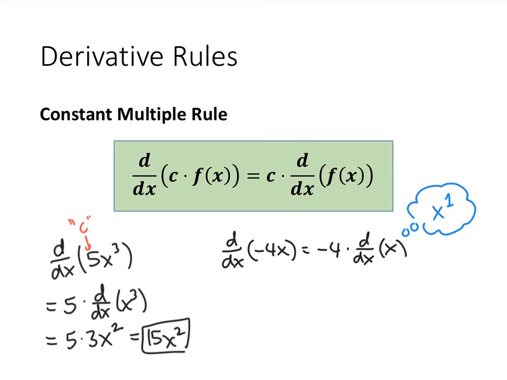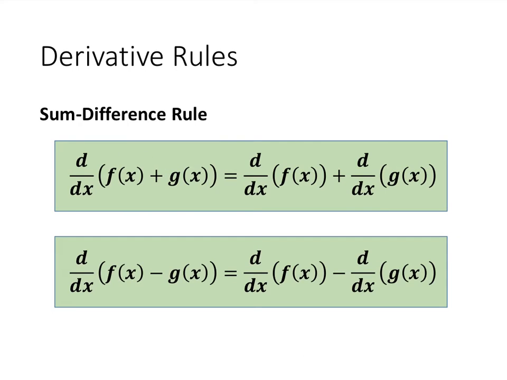X to the first power is just x. So the derivative of that would be 1 times x to the 0. But anything to the 0 power is 1, so that's negative 4 times 1, which is really just negative 4. So hopefully you're starting to see how these different rules that we're developing combine together, and we'll see many more examples as we go forward.